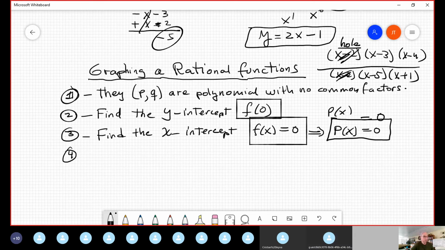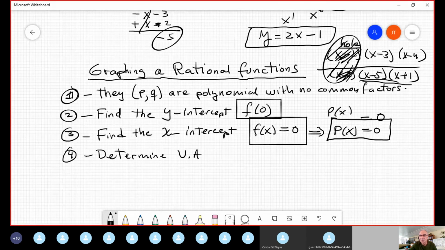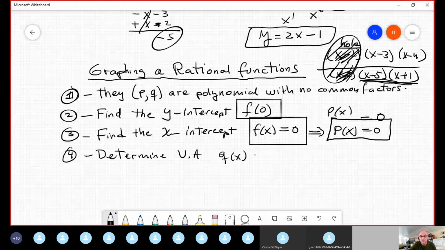Yes. Also, number 4, extremely important, is determine vertical asymptote. What is the formula to determine vertical asymptote? After the simplification of any common factor, this factor is gone, it's a hole. The factor that stays in the denominator part equal to 0. So the formula is you take q of x, the polynomial in the bottom, equal to 0.